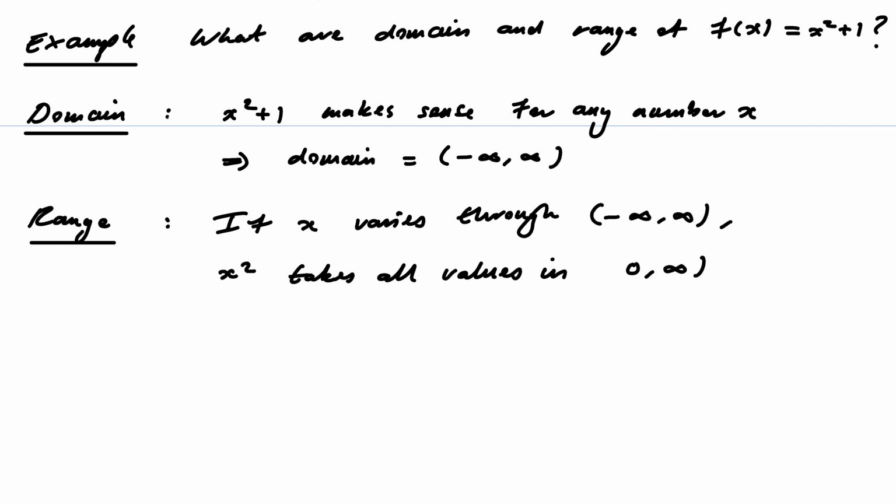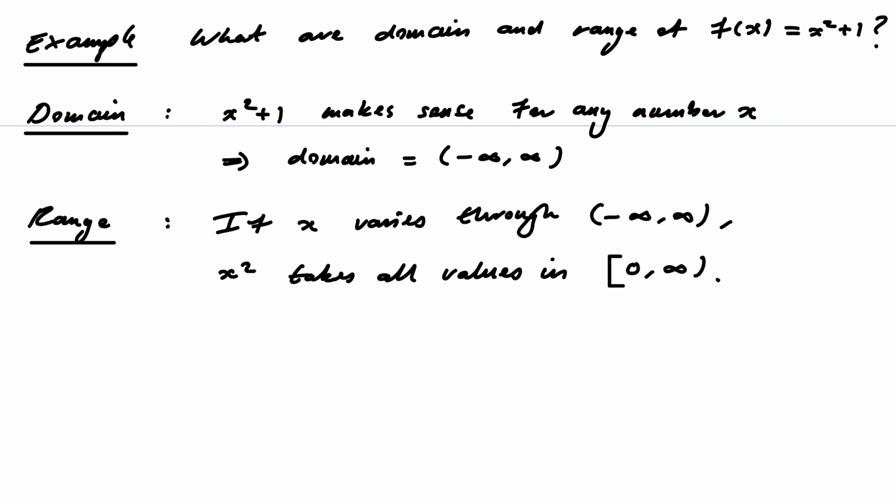And that's inclusive of 0, of course, because 0 squared is 0. So square brackets there. So if I was just asking this question for x squared on its own, the range would be this. It would be the interval closed bracket 0 onwards in the positive direction.